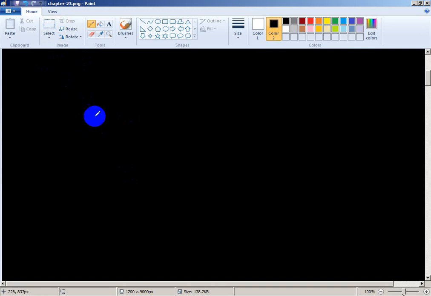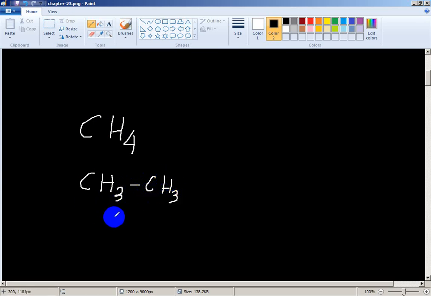This is methane. This is ethane. This is methane, ethane, and this is propane.